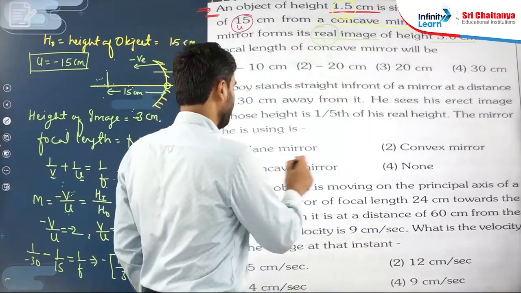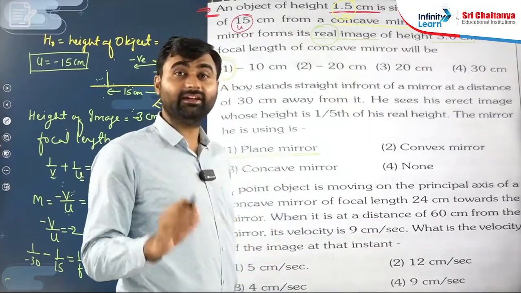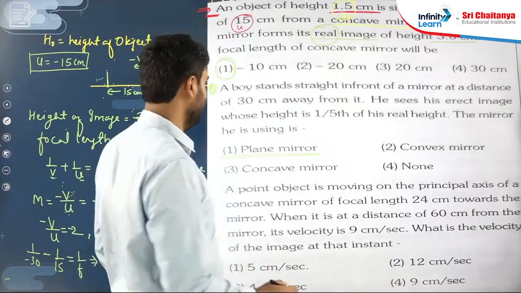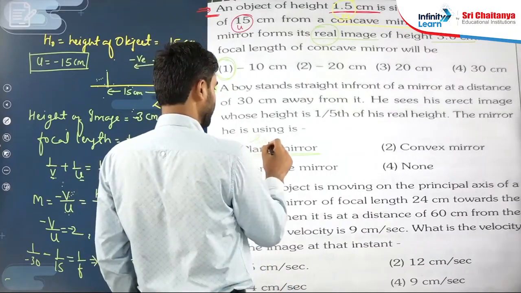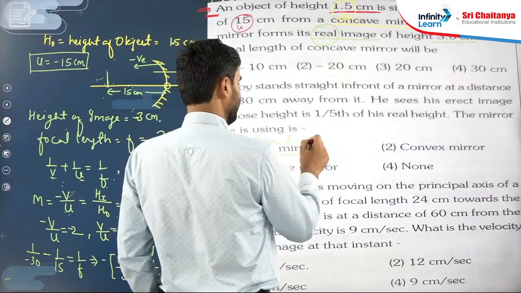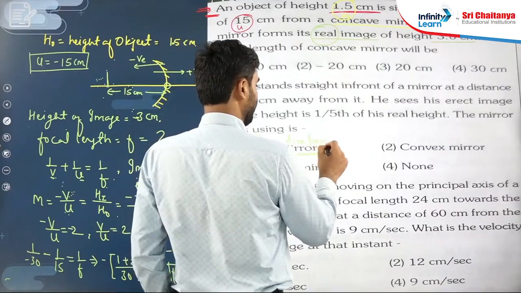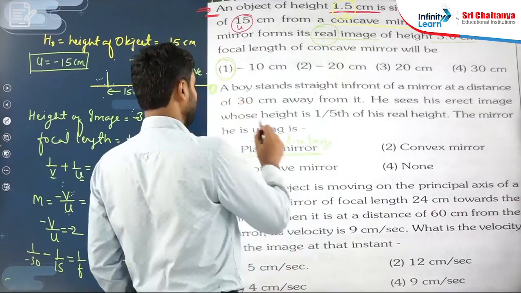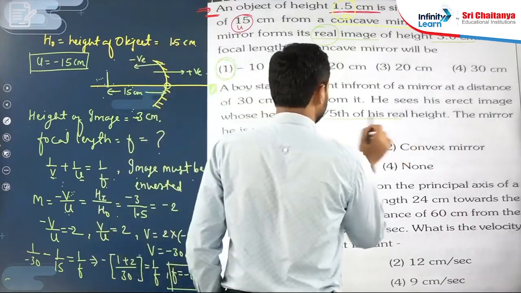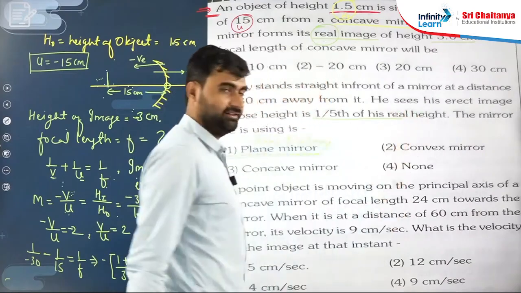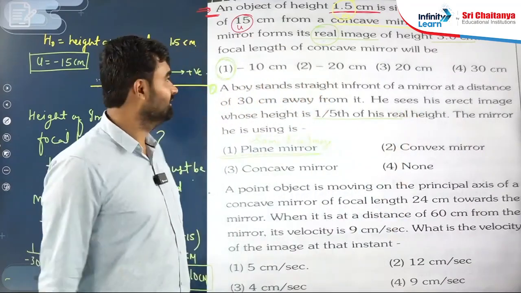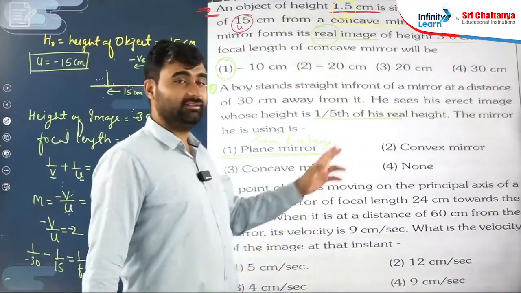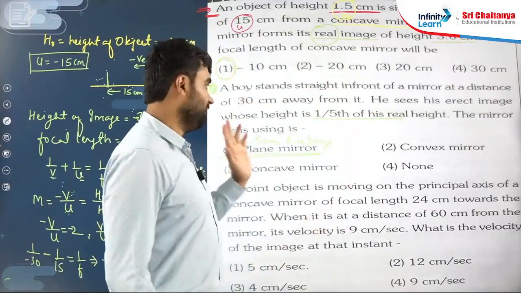A plane mirror forms a same size image. But here, the height is 1/5 of his real height. So this is not possible by a plane mirror.